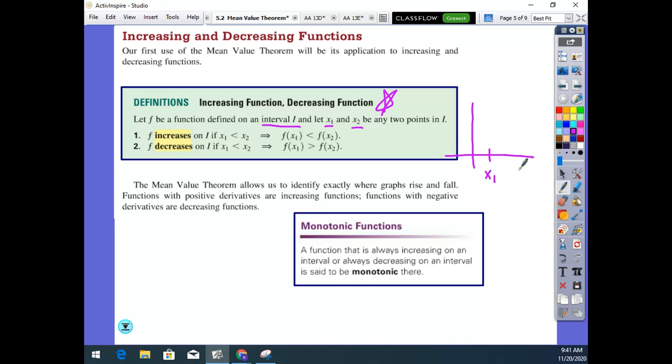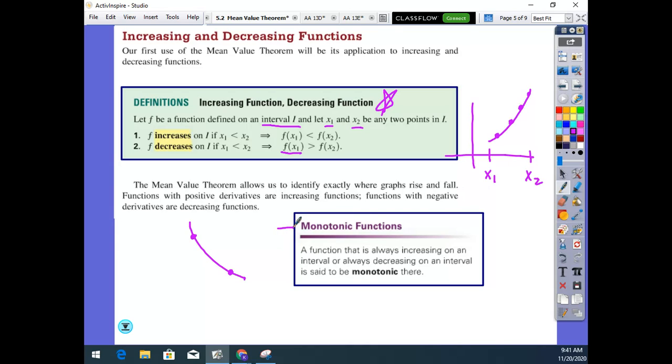If this is x1 and this is x2, it's increasing if f of x1 is always less than f of x2, no matter where you're at on the graph. And on the other side, it decreases if the y value x1 is greater than the second y value. Okay?